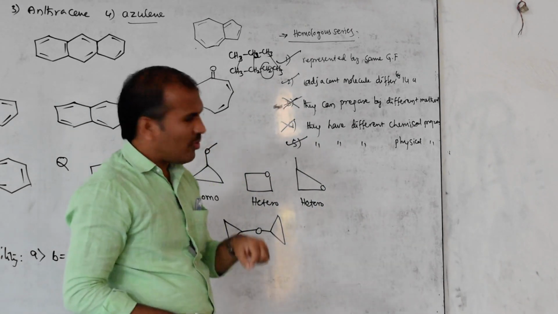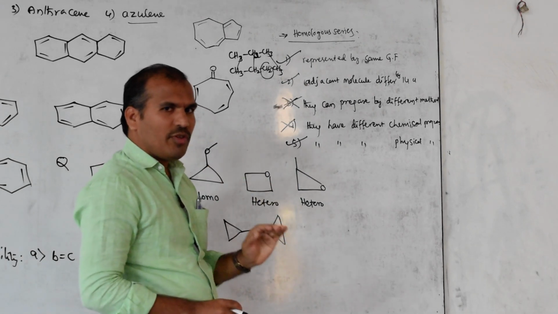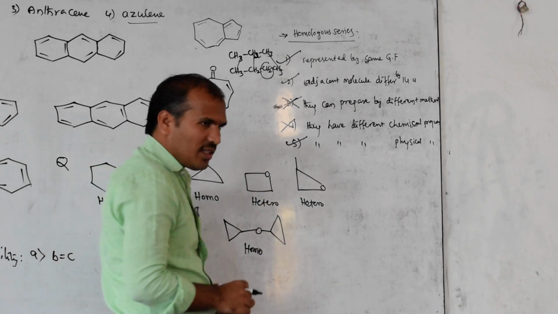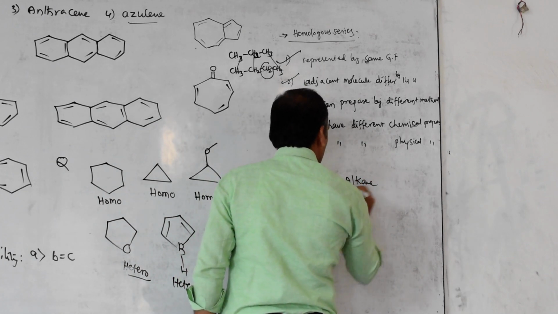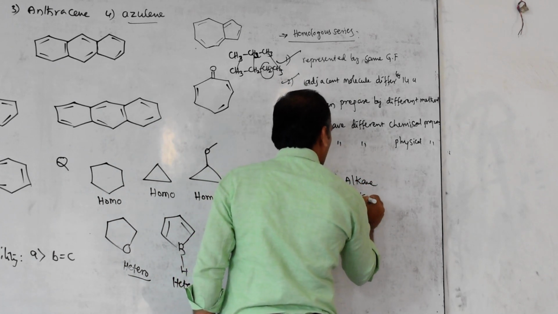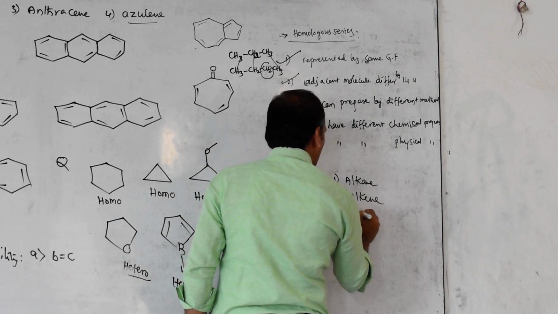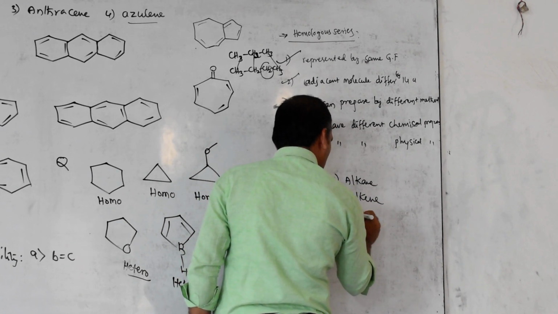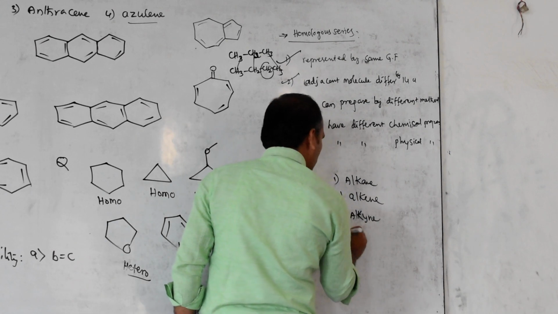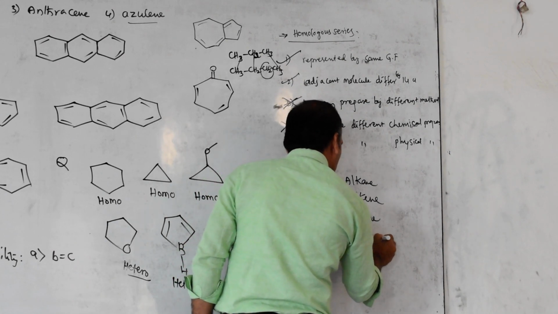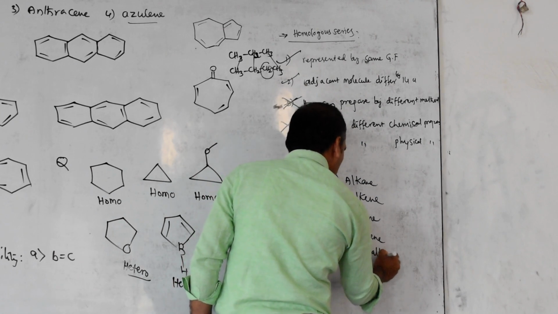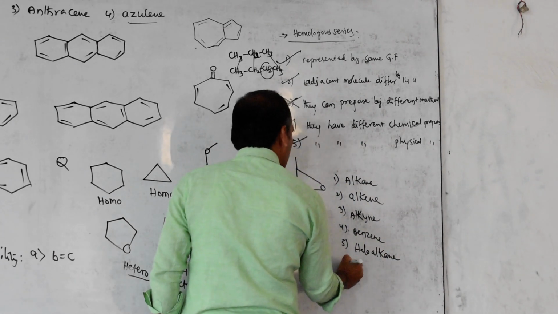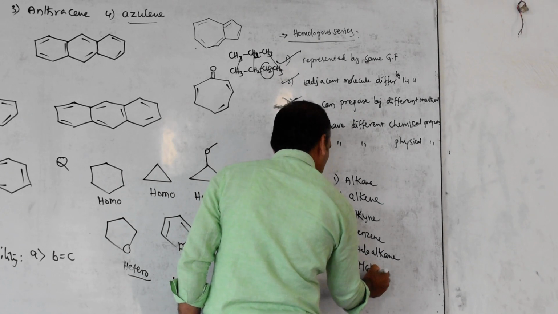Now I will give one more question based on homologous series. Which of the following are homologous series? First, alkane. Second, alkene. Third, alkyne. Fourth, benzene. Fifth, haloalkane. Sixth, alcohol.